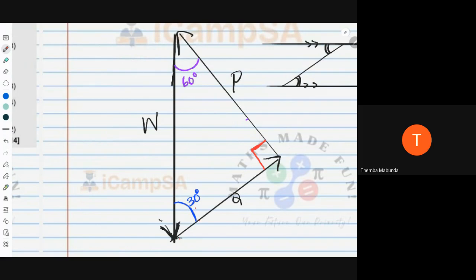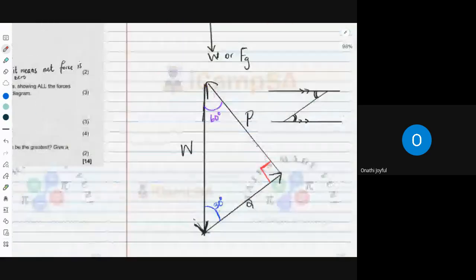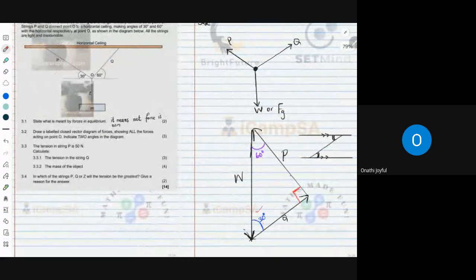Someone sent a question. I think someone wanted to ask: I don't understand the part where you said the angle between P and Q was 30 degrees. Which angle is that? You mean this one? Let me just redraw it.